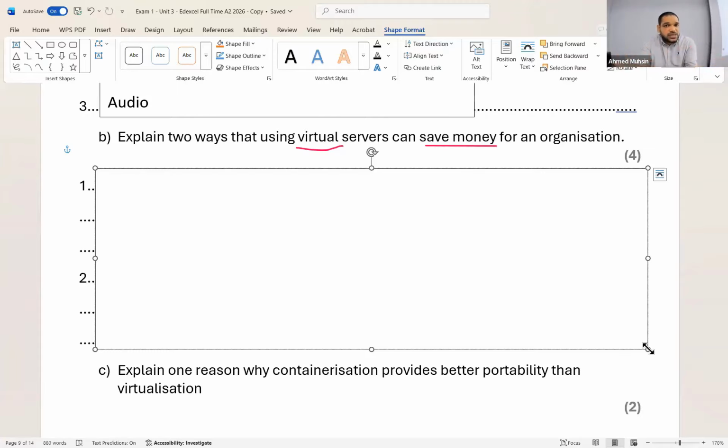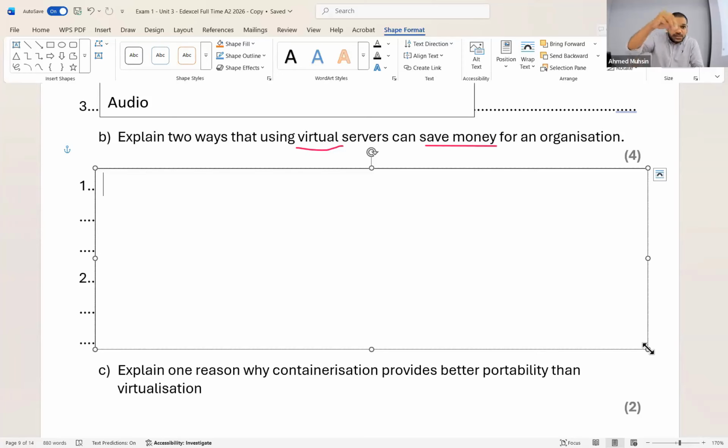Okay, so everybody, how are you saving money by using a virtual server? I'll give you guys a start. How many physical servers are you buying? You're buying only one physical server, but inside that one physical server, can you have many virtual servers? You can. So how are you saving money? You're purchasing only one physical server, but you're running many virtual servers.